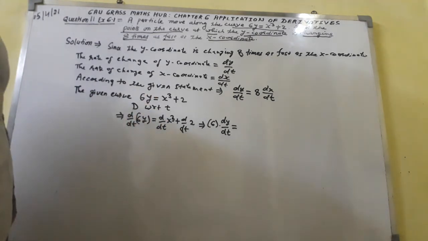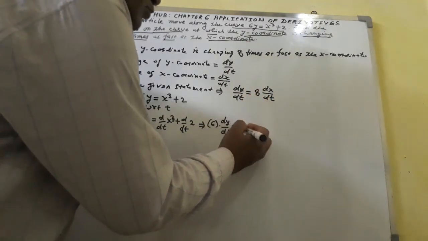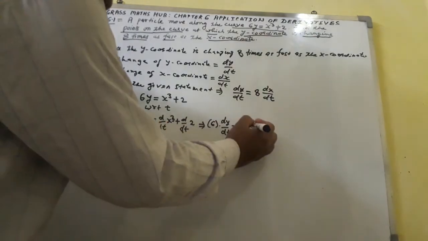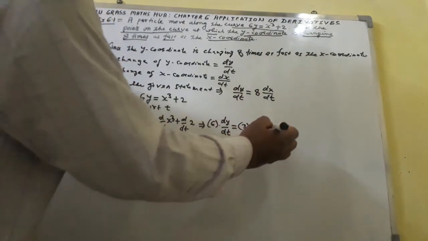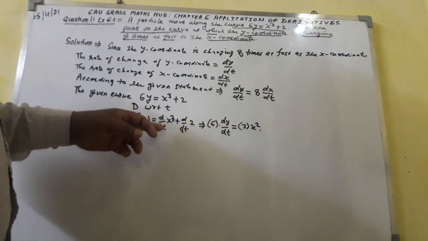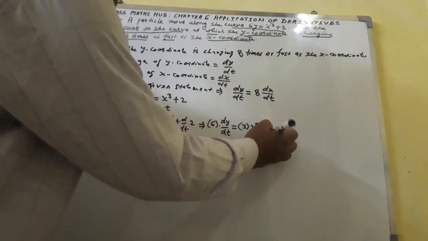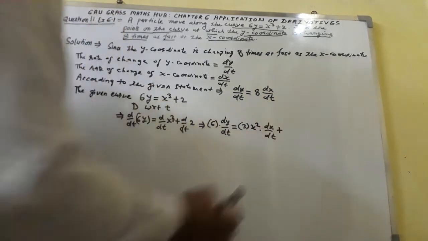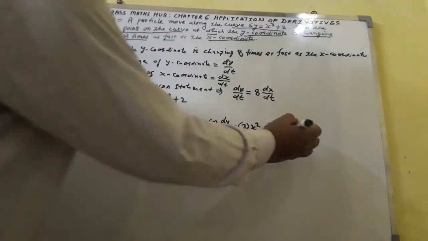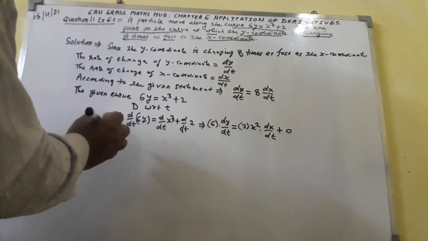So here I shall write 3 t square, in place of t I shall write x square, dot dx over dt will be multiplied, plus d over dt of 2, which comes out to be 0. So this thing we have got here.